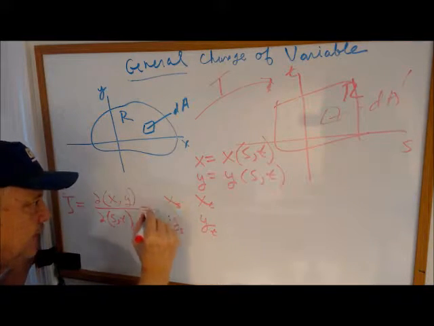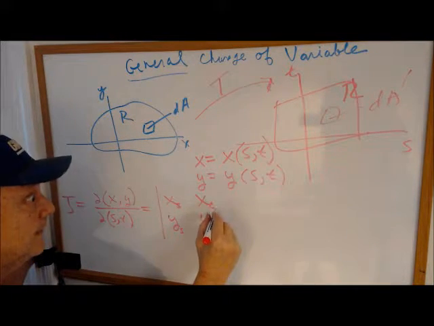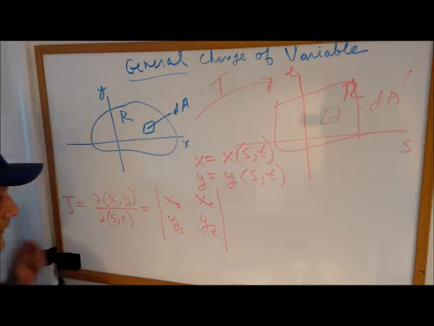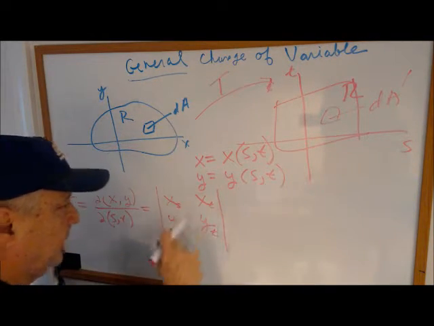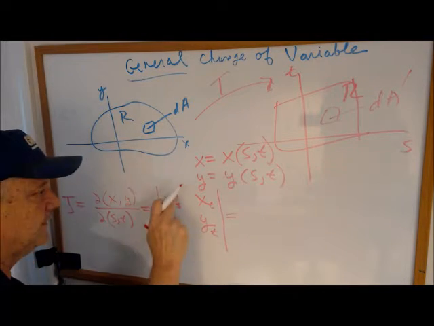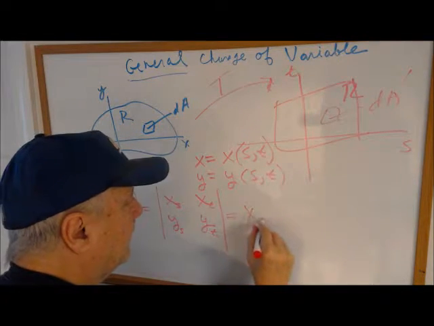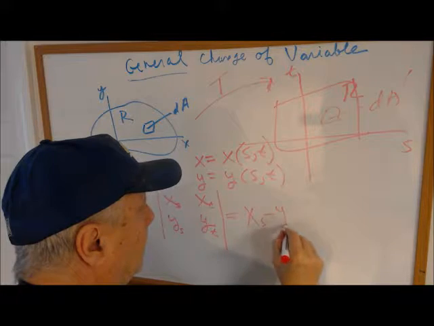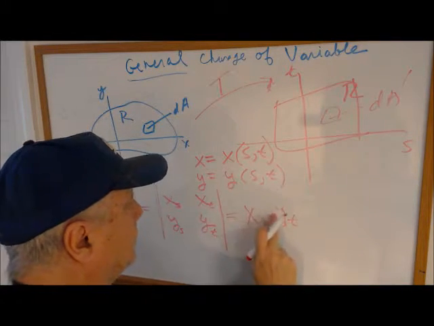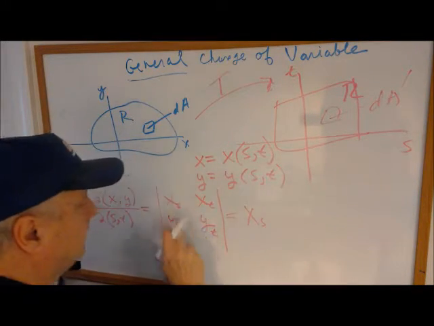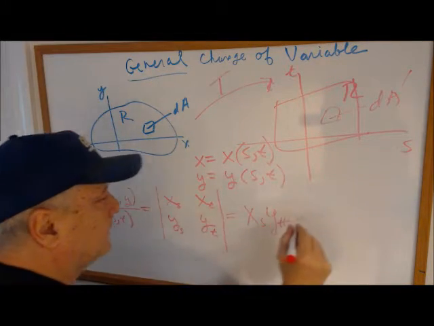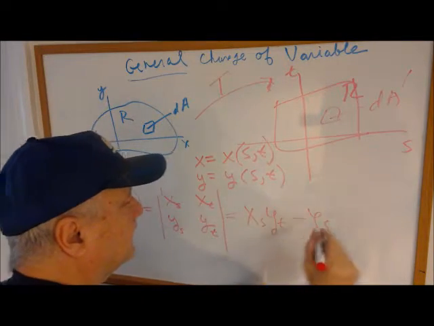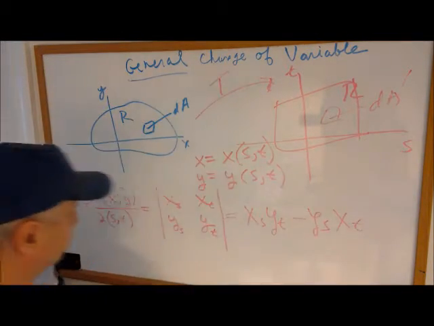So now we have a 2 by 2 matrix, and the formula is to take the determinant. This is the determinant symbol. It's the same as the absolute value symbol, but they do different things. So this is the determinant of a 2 by 2 matrix. And by definition, it's this times this: xs times yt minus ys times xt.